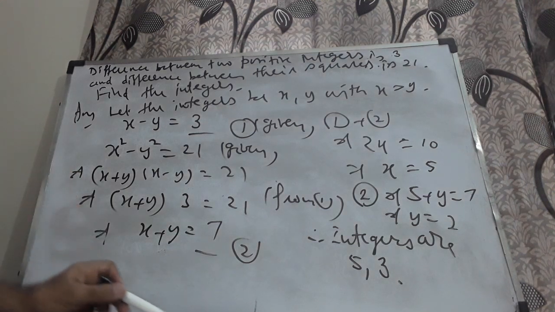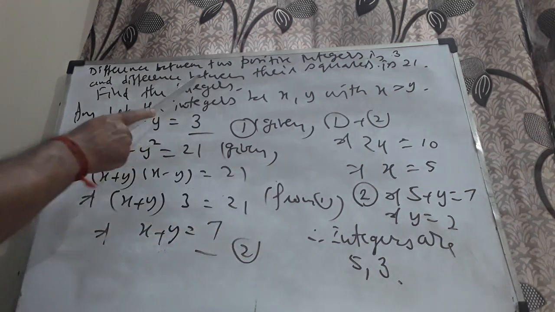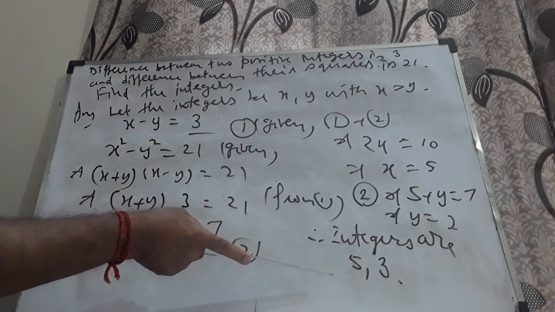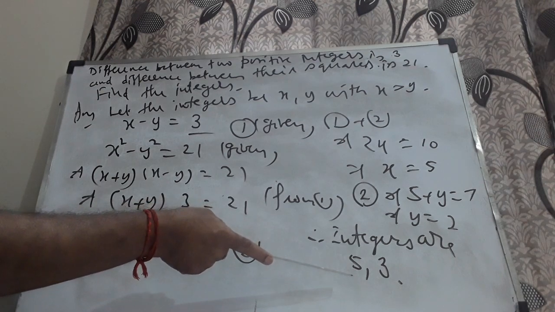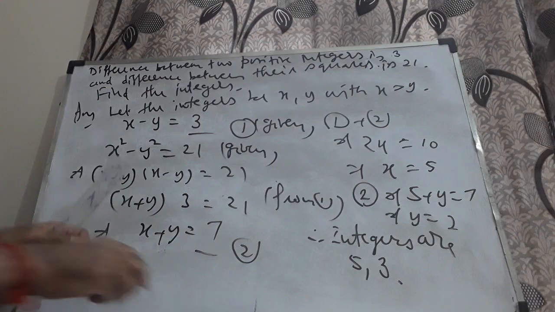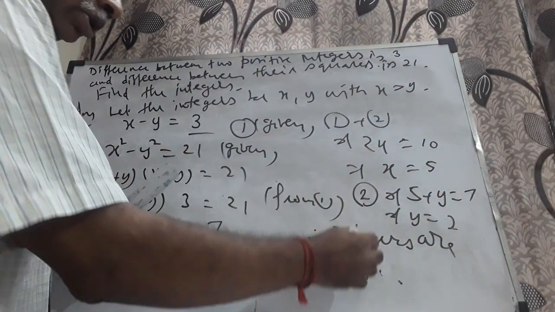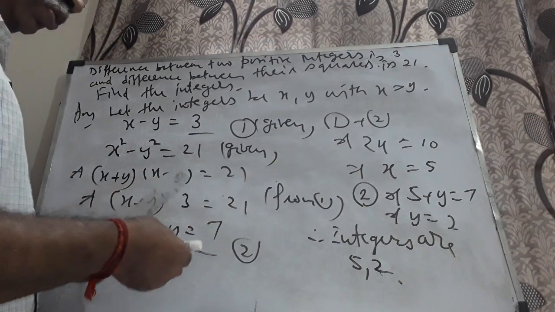Okay, let me just check once again. 5 minus 3 is 2. In fact, 5 comma 2, sorry. 5 comma 2, I'm extremely sorry. 25 minus 4 is 21.